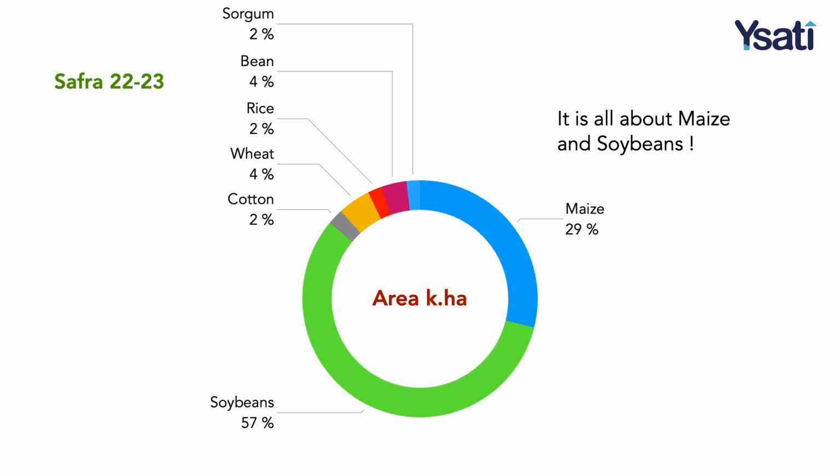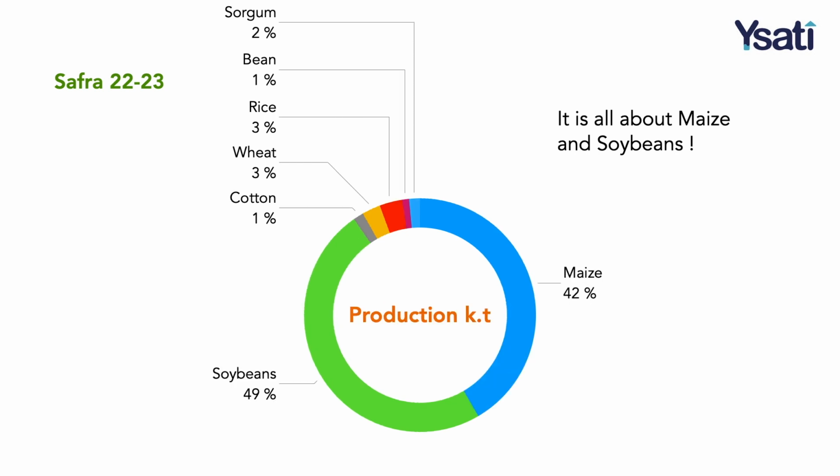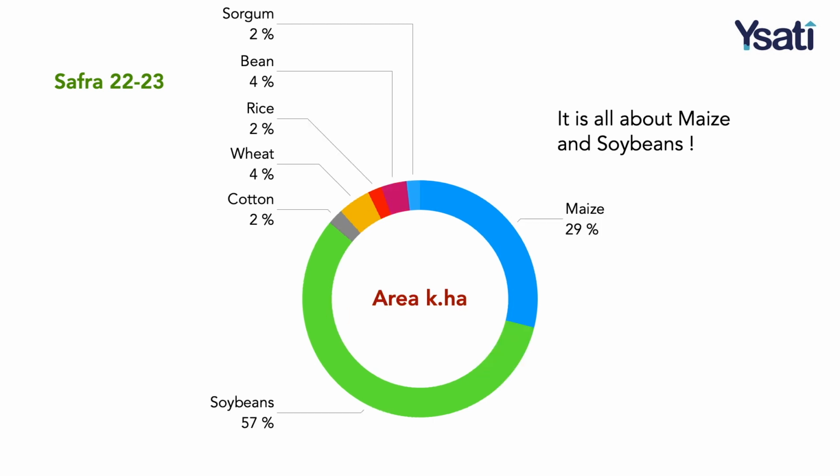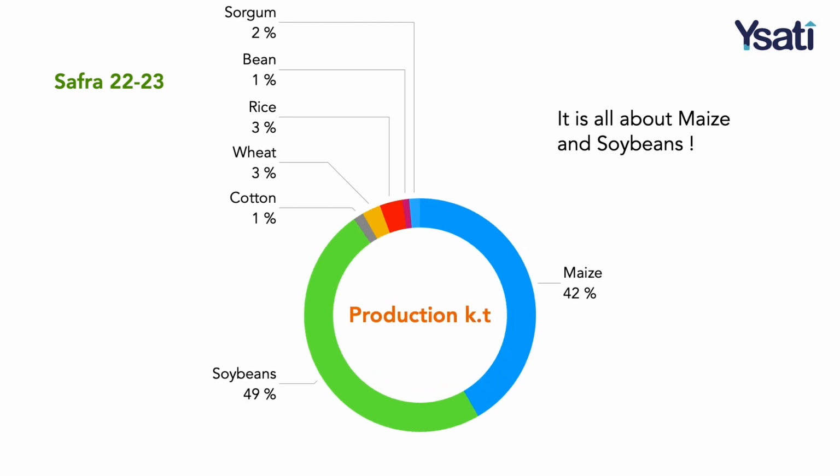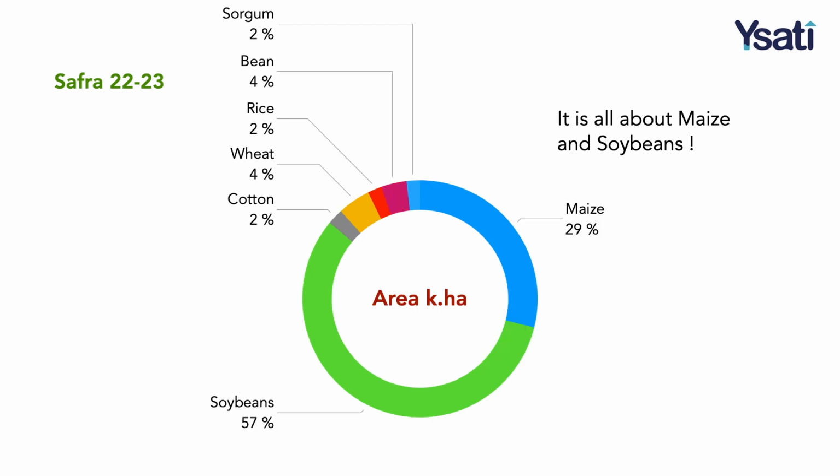And here we can see the total area, and we see the same. I just come back here to show you that soybeans represent less in weight, but much more in terms of area.